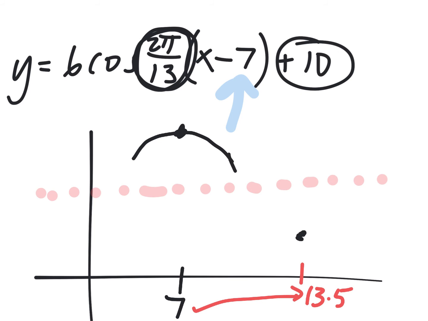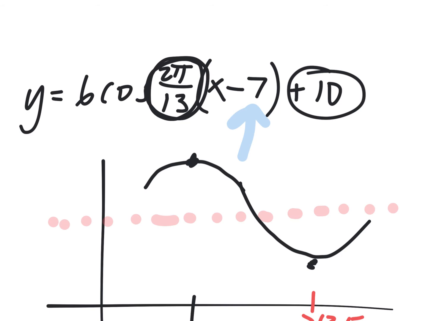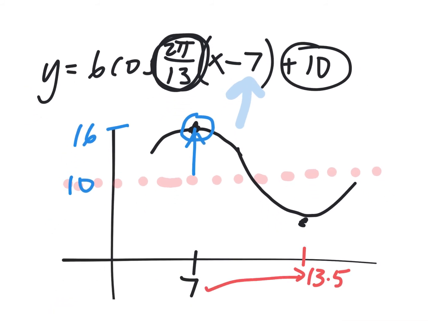Okay, then this goes like this. And then, what else can I tell from it? Jacob. Amplitude is 6. And therefore, since that line's at 10, what's this max spot? 16. So this spot right here is 16 high, and it's at 7, so it's 7 comma 16.